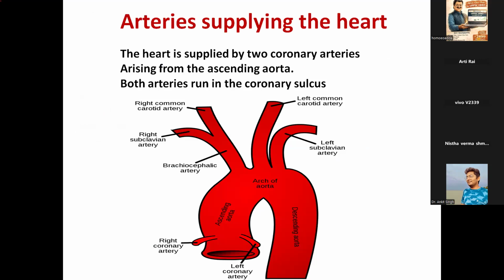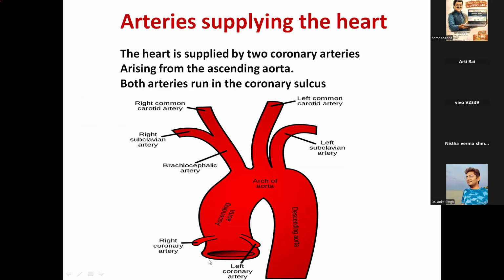Okay. So now come the arteries supplying the heart. The heart is supplied by two coronary arteries arising from the ascending aorta. You can see this ascending aorta followed by the arch of the aorta and the descending aorta.